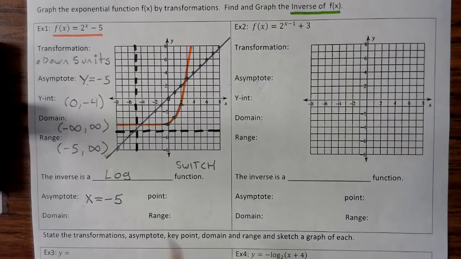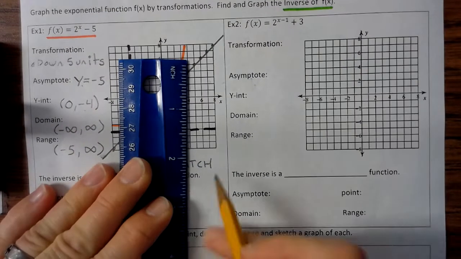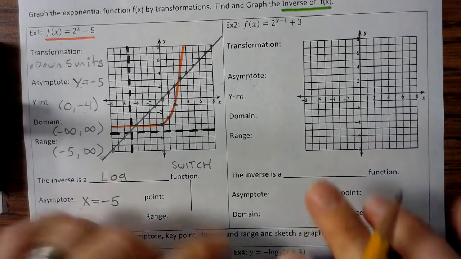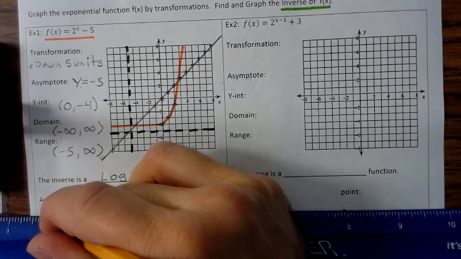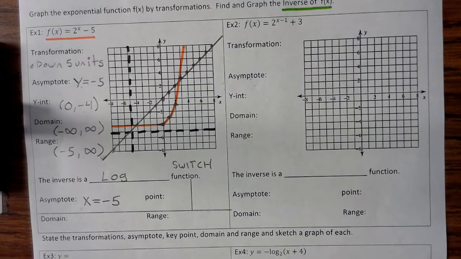Okay, the point was 0, negative 4, and we actually have a couple points that we're going to switch.